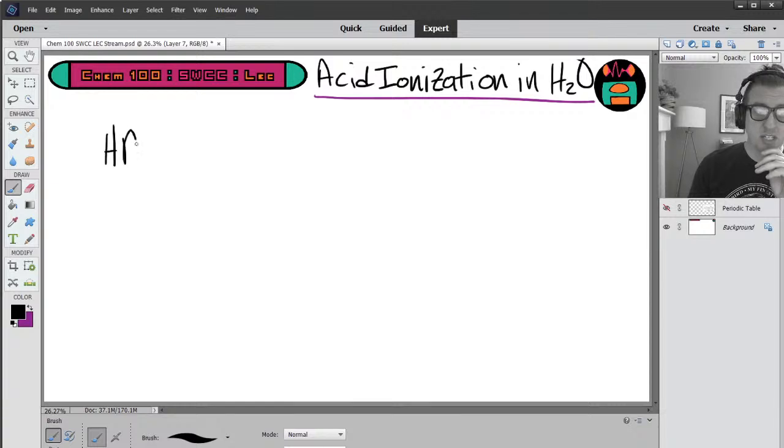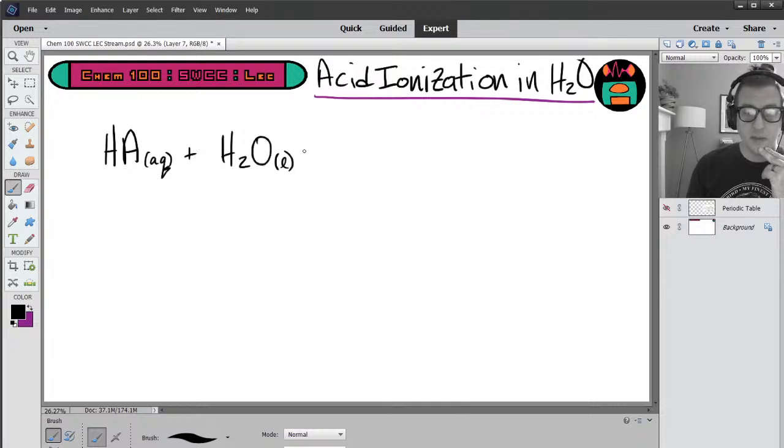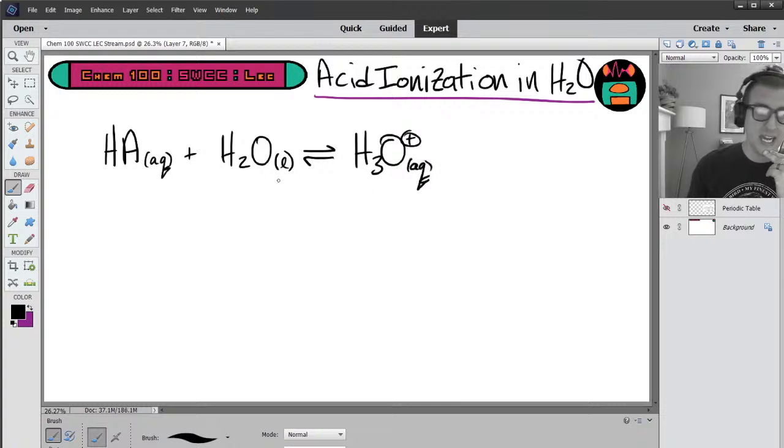There's a reaction. I'm just going to write this acid generically as HA, so it can be any acid, which is in the aqueous phase. It will react with water, H2O, liquid, and the products will be hydronium, because the acid donates a hydrogen to water. Water becomes hydronium.